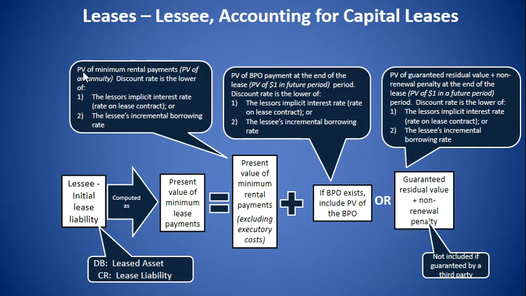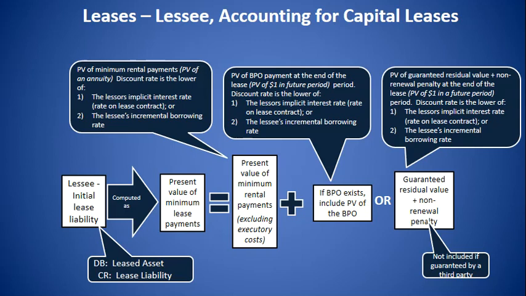So what we're going to do is come up with the present value of minimum rental payments, and since our rental payments for our purposes are going to be on an annual basis, this will be the present value of an annuity, and the discount rate is going to be the lower of the lessor's implicit interest rate, the rate on the lease contract, or the lessee's incremental borrowing rate, the lesser of the two. Okay, to that then we're going to have to add either the BPO, if it exists, or guaranteed value components.